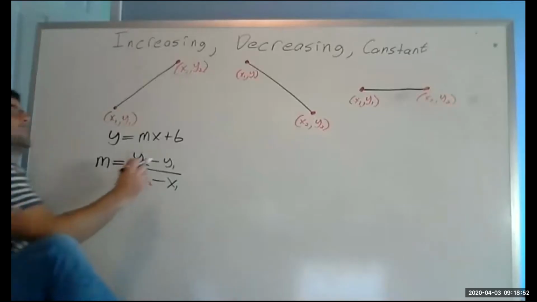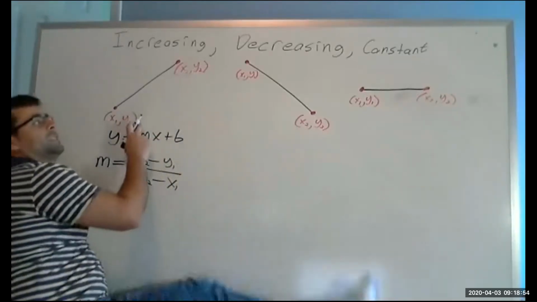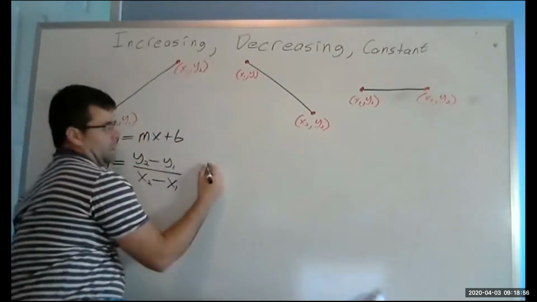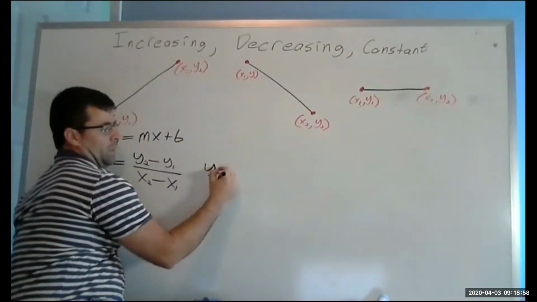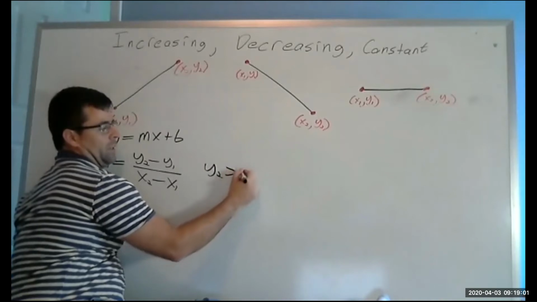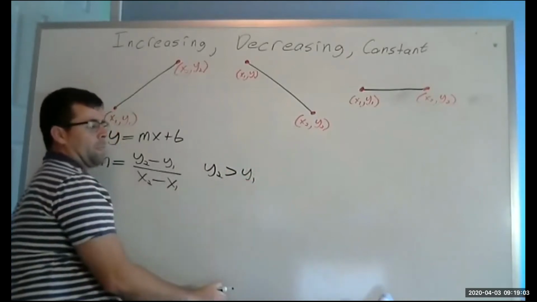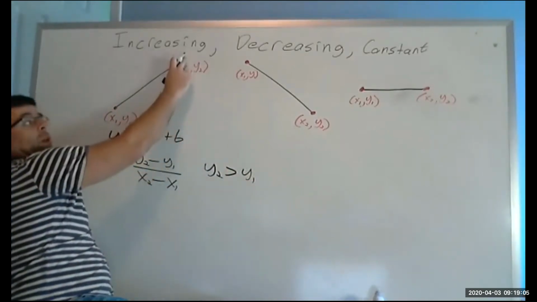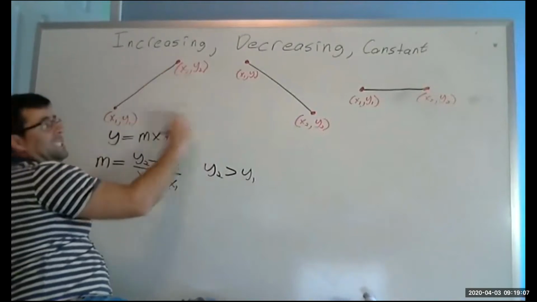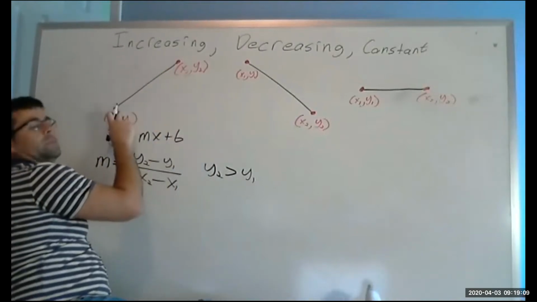No matter what, this one is bigger. So we know that y2 is greater than y1. This point is further to the right than this one.